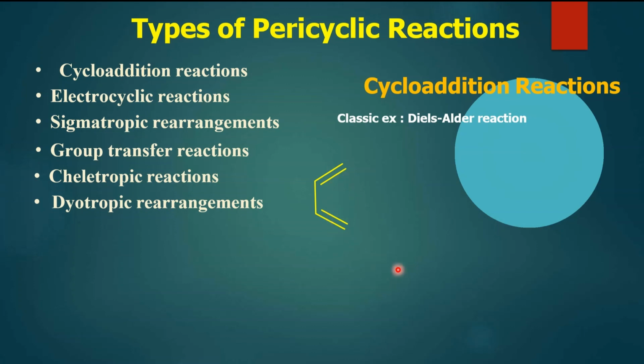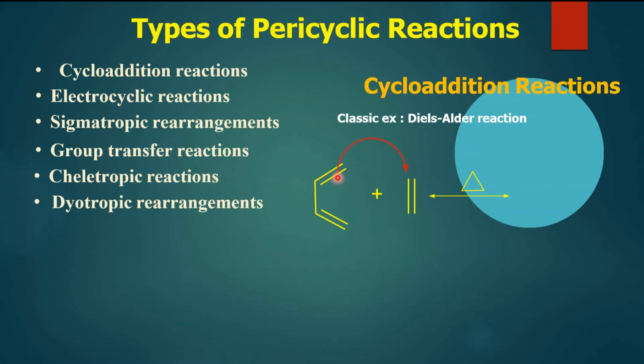That's why it is 1,3-butadiene, and an ethene. This acts as a dienophile and this acts as a diene. A diene and dienophile react together when heated.